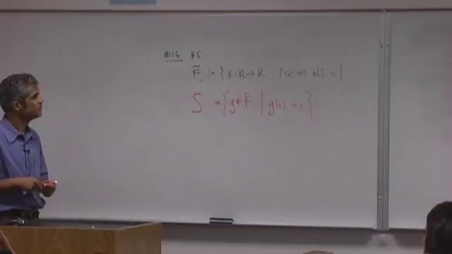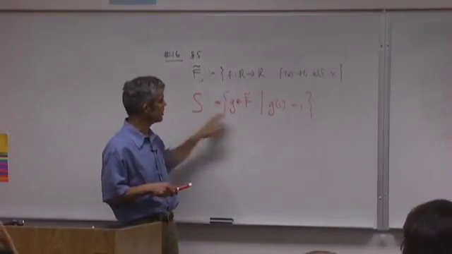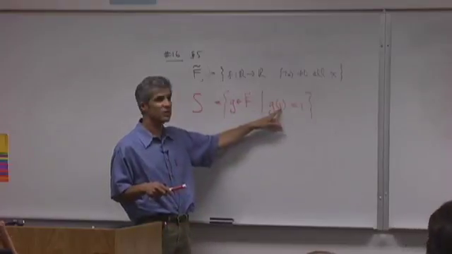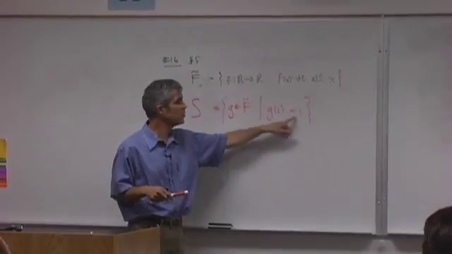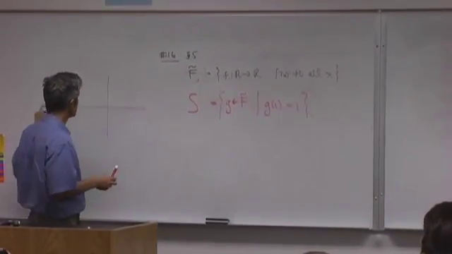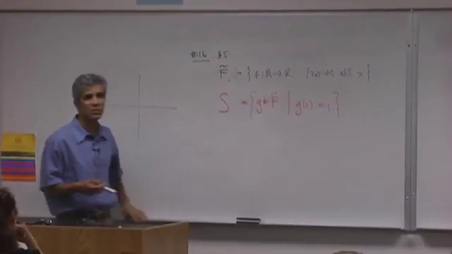And then what you're asked to do is look at the subset of those things. Well, they're, again, functions with the property that when you happen to plug in the number 1, the value 1 comes out.